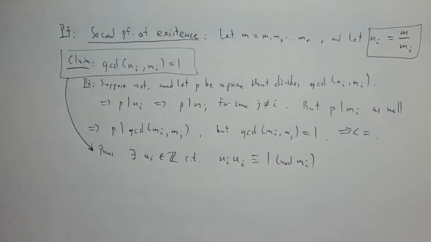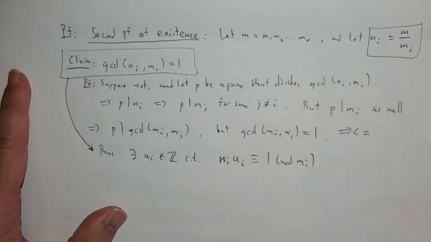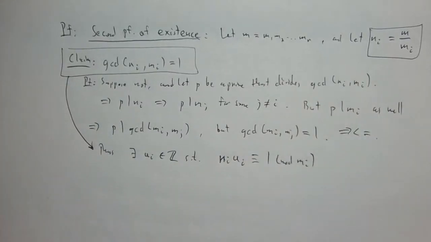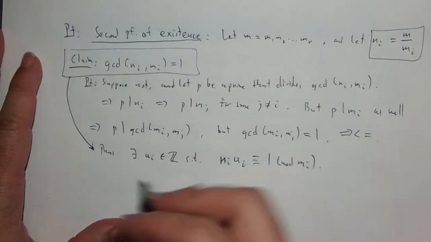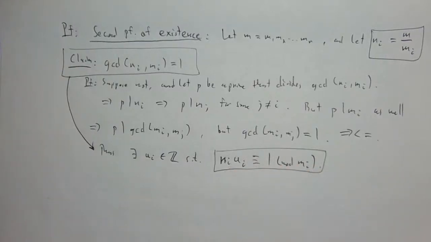So we have this fact. I know that my n's and u's look very similar, and I apologize for that. I try my best to make that not be this way. Anyway, for each i, we get u sub i that is a unique inverse to n sub i mod m sub i.